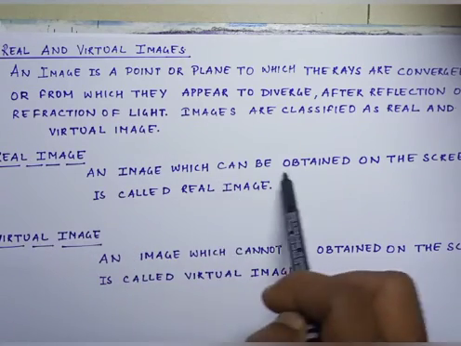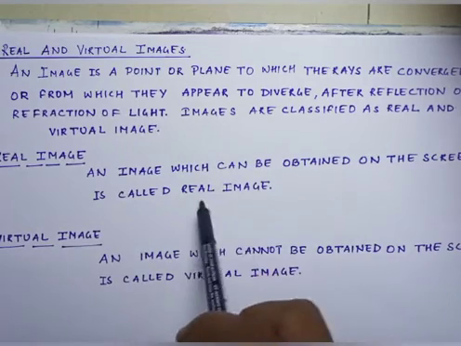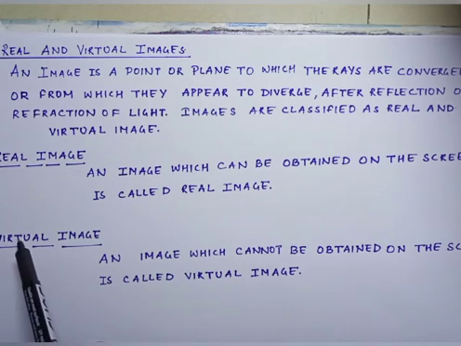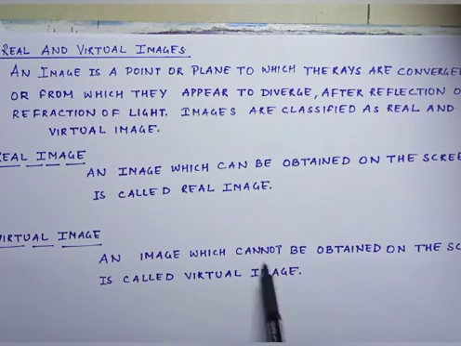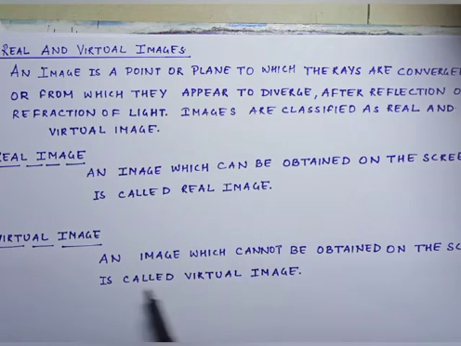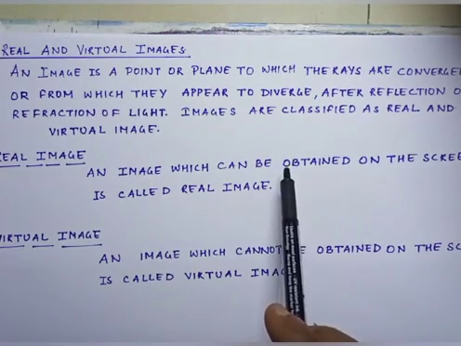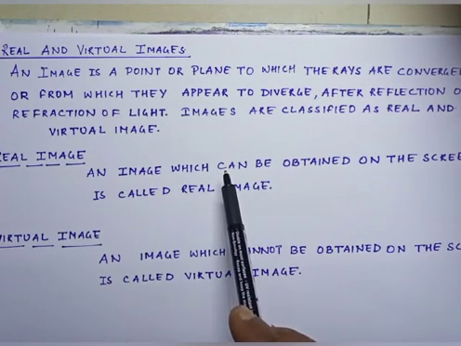An image which can be obtained on the screen is called a real image. An image which cannot be obtained on the screen is called a virtual image. A virtual image always forms behind the mirror, and a real image always forms in front of the mirror.